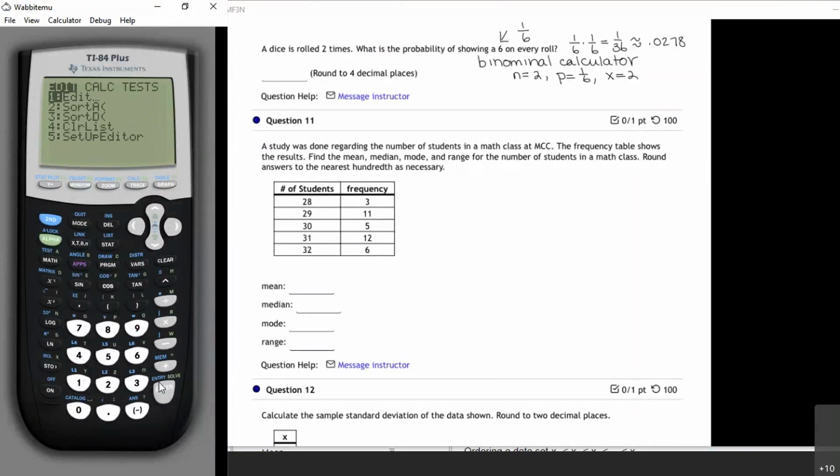Go into Stat Edit, and then put your values in the first list, and then put the frequencies in the second list. I don't know how many of you have a TI-84 handy. The calculator I gave you is tedious, but it will work. The TI is much better.